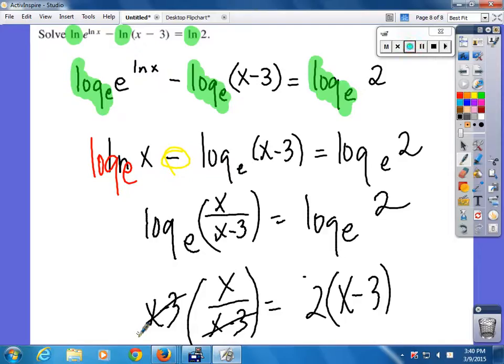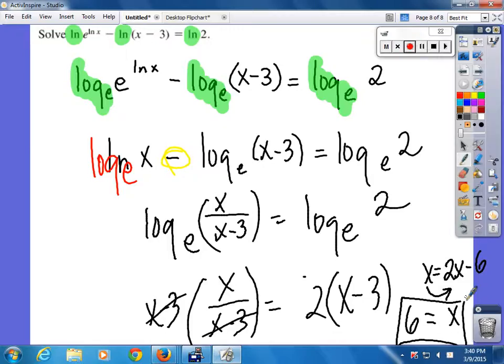And that's going to give me x is equal to 2x minus 6. And I'm going to bring this x over here, bring that 6 over here, and check me. And you can plug it back into your answer. Let's go ahead and see that.